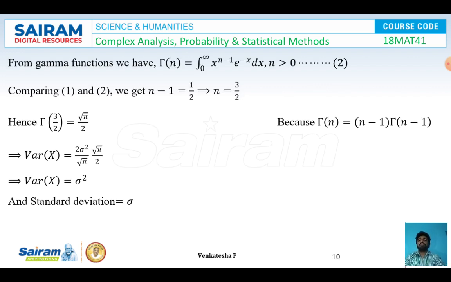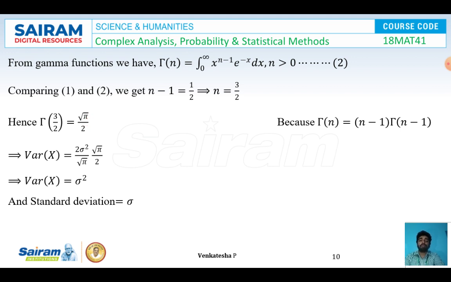And we know that from gamma functions, we have gamma of n is equal to integral 0 to infinity x power n minus 1 e power minus x dx, for n greater than 0. I'll be calling this equation number 2. Now by comparing equations 1 and 2, we can find the value of n minus 1 is equal to 1 by 2 and n will be equal to 3 by 2. And we know that gamma of 3 by 2 will be equal to square root of pi divided by 2.